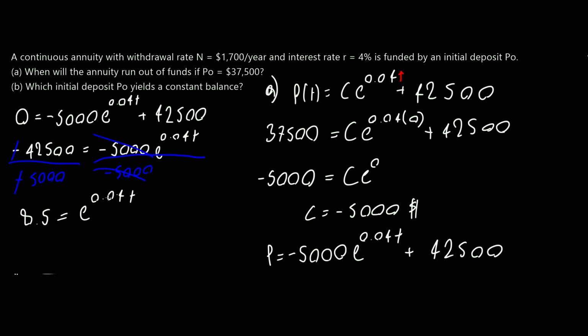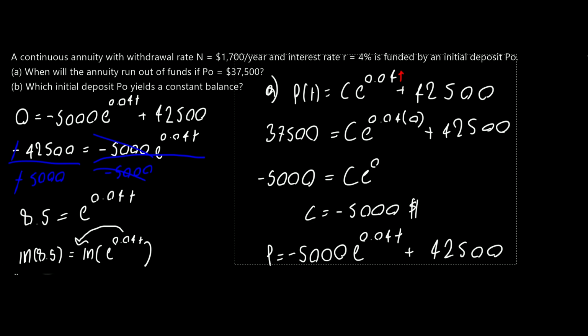And now, in order to get the t out of the exponent, because we have to solve for it, we're going to have to use a natural log. The reason we're using a natural log is that there's a property that allows you to put the exponent to the front. So we're going to have the natural log of 8.5 equal to the natural log of e to the power of 0.04 t. And then, like I said before, we can just move this to the front.